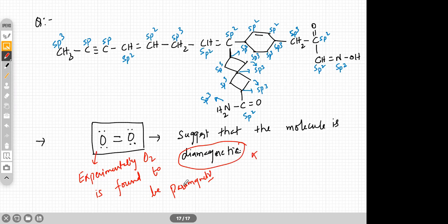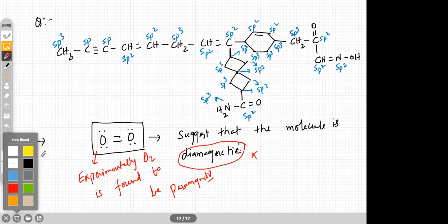Hence the property of the oxygen molecule is not explained by VBT, valence bond theory. And so we require a new theory to explain the magnetic property of molecules, and we call it molecular orbital theory.